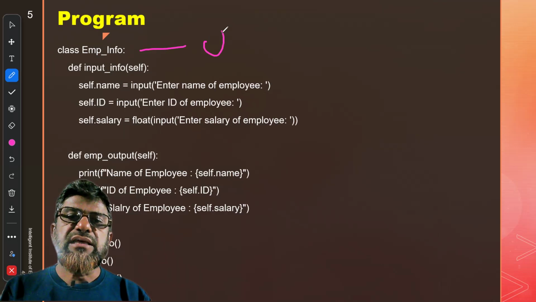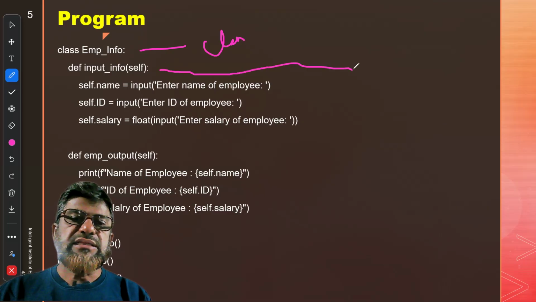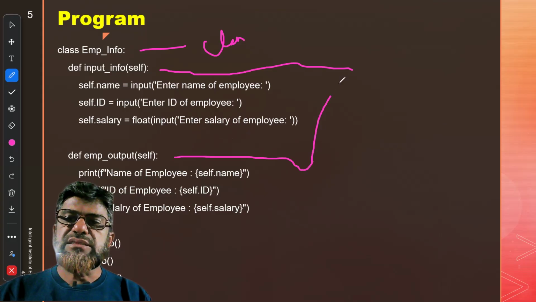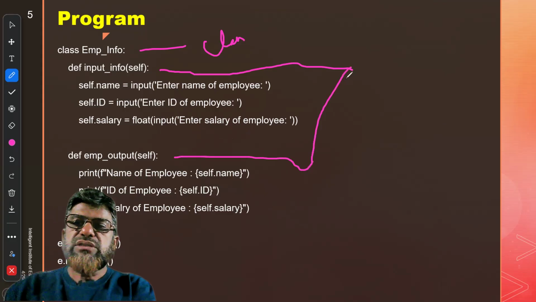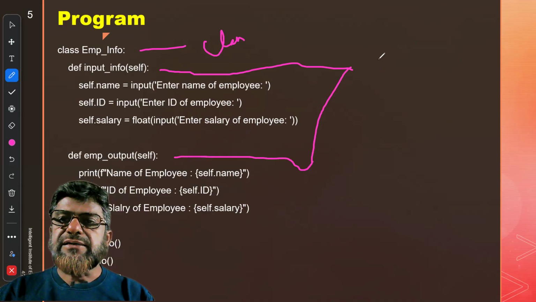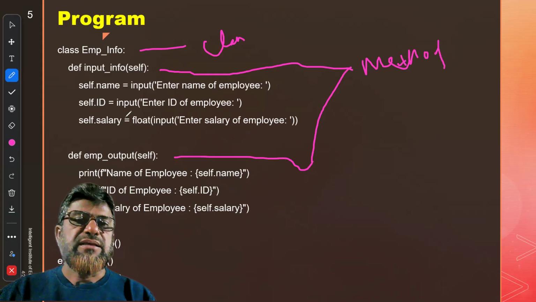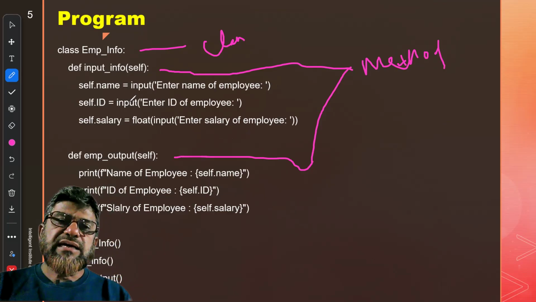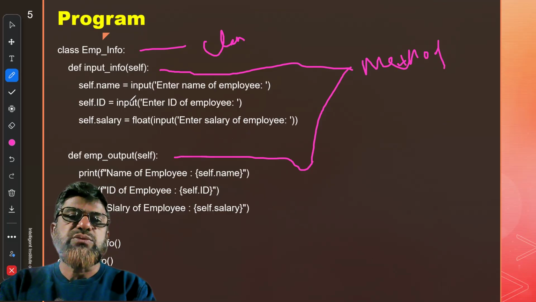Here we have given the name of the class, and in this I have created this method as well as this method, two methods. This is called a method finally, but generally we can also say it is a function, but in a class the name changes, and you say method.